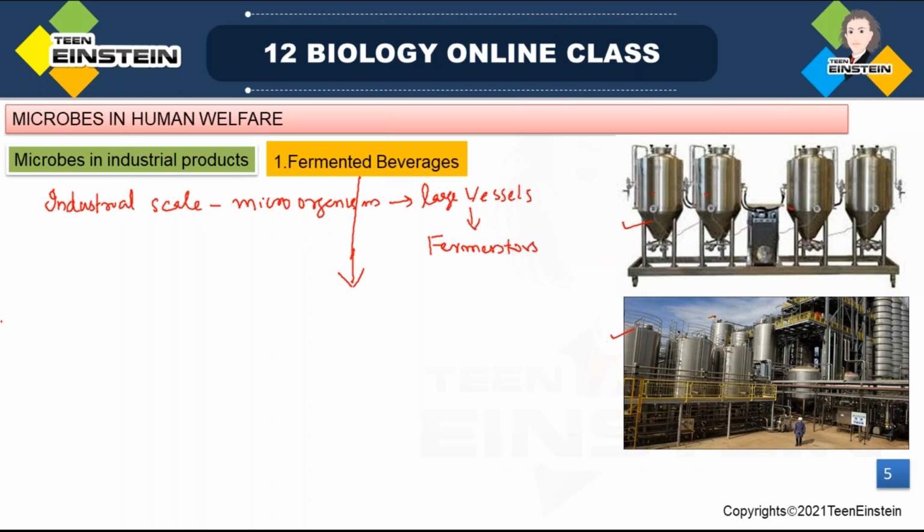Okay, you know yeast. Yeast is a very, very important microbe and it is used for the production of beverages. Beverages like which? Wine, then brandy, then beer.